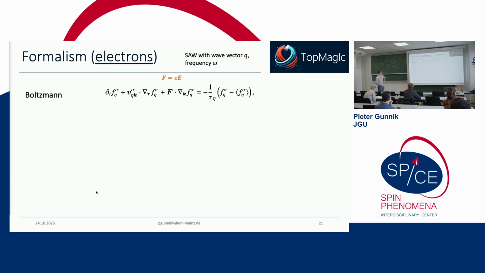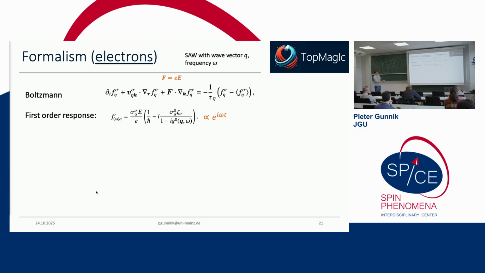So I'm just going to flash, just to explain to you very briefly what we did. So this is the electron case. There it's all very straightforward, old school physics. We have a piezoelectric, which means we have a piezoelectric field. So we just have an electric field at a certain frequency and a certain wave vector, because this is a traveling surface acoustic wave, of course.